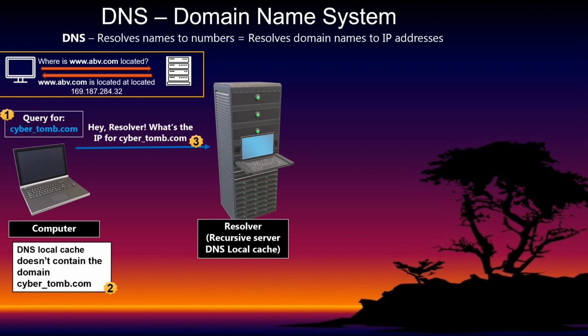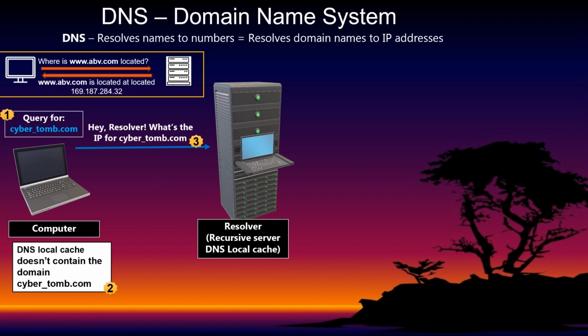The resolver is basically the ISP, or Internet Service Provider, and this server is used to resolve domain names to IP addresses within a local network. The resolver will check its own local DNS cache, much like your computer does, and if the domain is not cached, the query should end here.